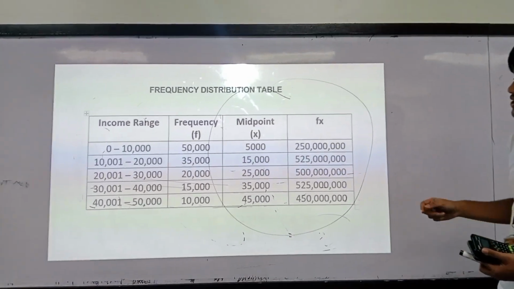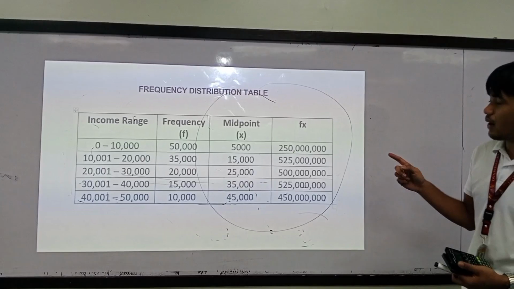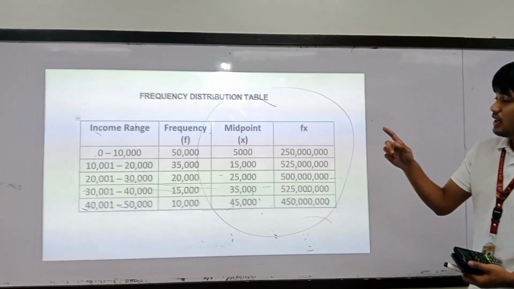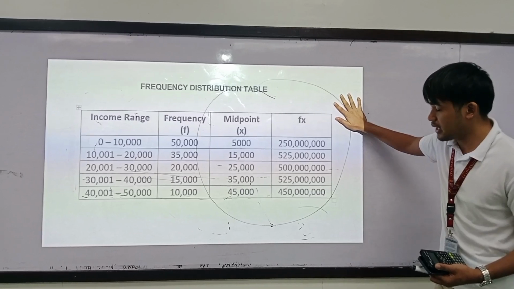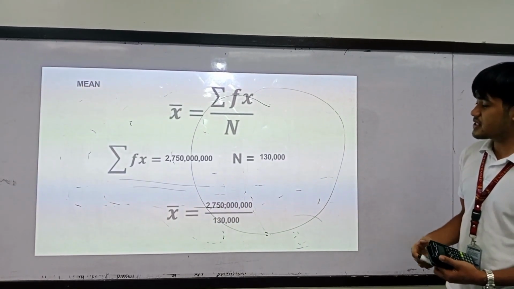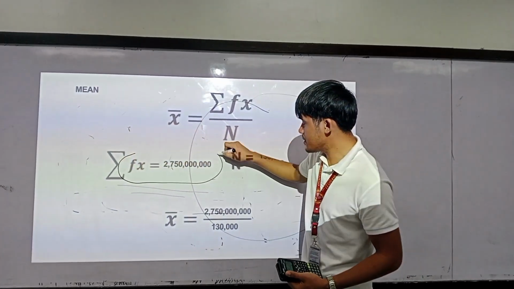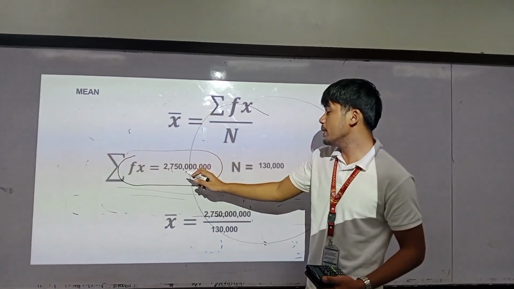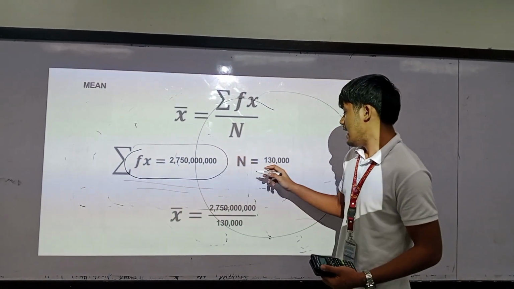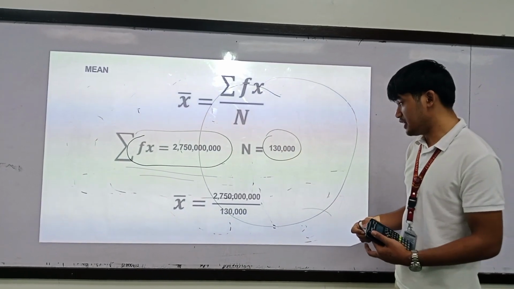Okay, so since we already have our income range and frequency, in order to get our mean we just need this four tables. So our mean is now this. The total of our f times x is 2,750,000,000, and our total frequency is 130,000.